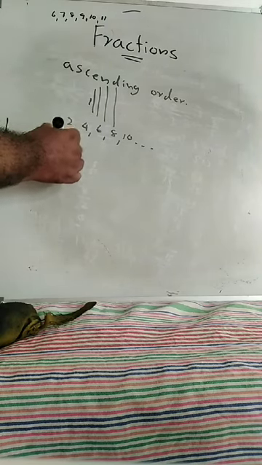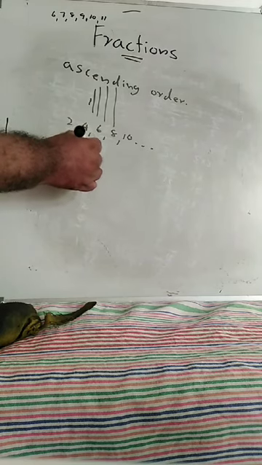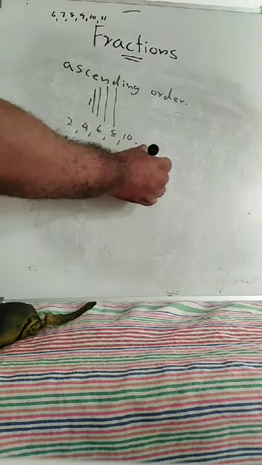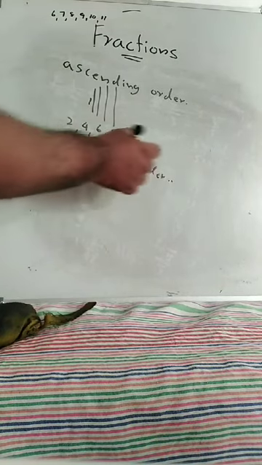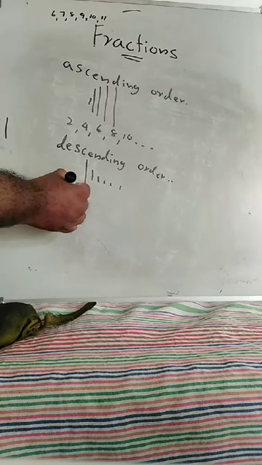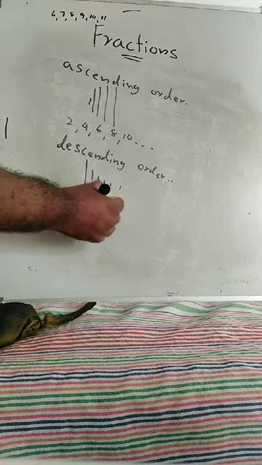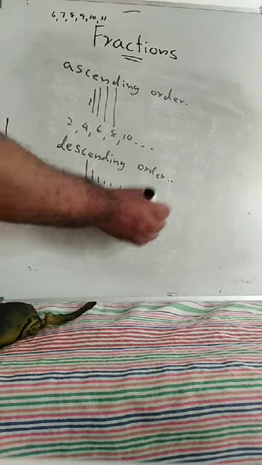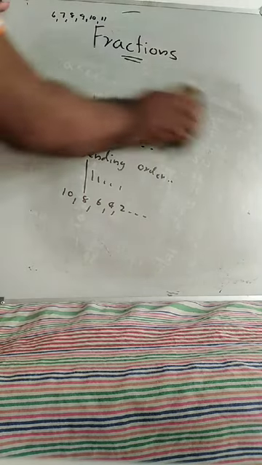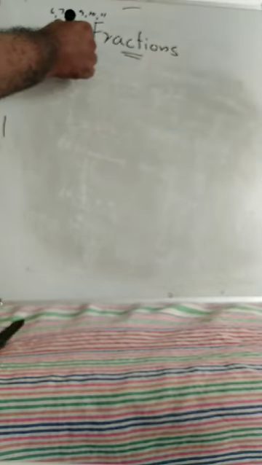Descending order. Descending order means biggest to smallest, no? Then 10, 8, 6, 4, 2, no? These are in descending order.